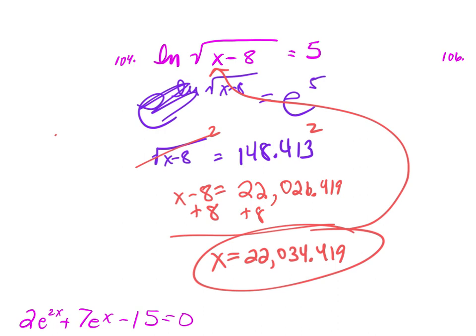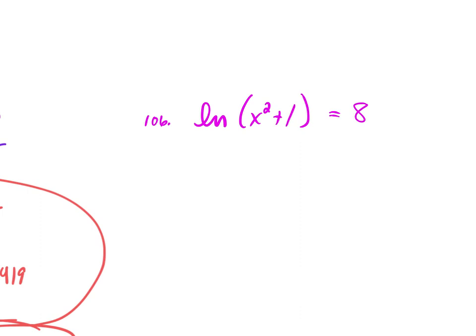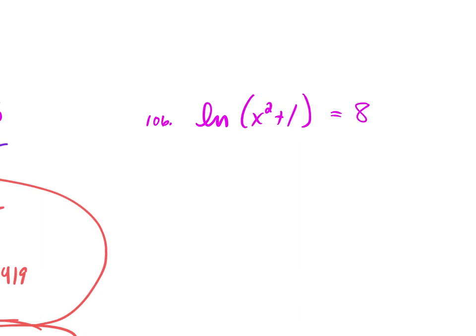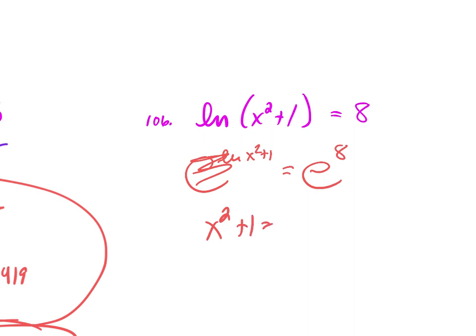Make sure it does not make the log or natural log a negative number. We're good. Same thing here. Opposite of ln is e. So I have e. Everything goes upstairs. x squared plus 1 equals e to the 8th. That crosses out. You have x squared plus 1 equals e to the 8th, which is 2980.958.